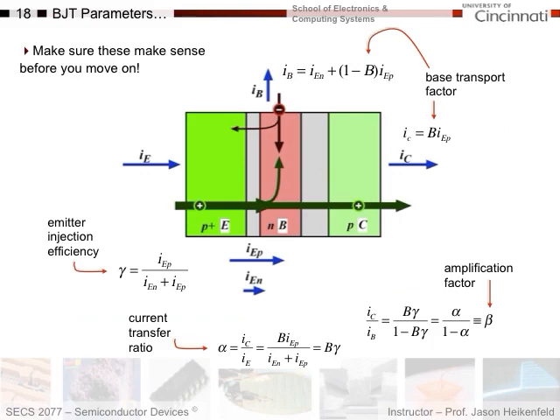So, at this point, make sure these make sense. Look at all these terms and what the currents are comprised of, and make sure they make sense, because they're a great way for us to calculate the performance of the BJT. And in a lecture or two, we'll start to feed in doping levels, widths, dimensions, things like that, to be able to calculate all these terms as well.